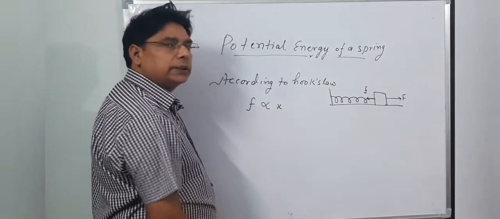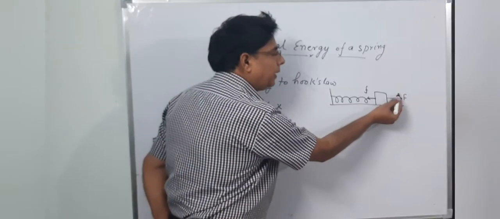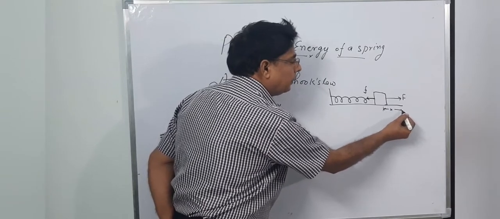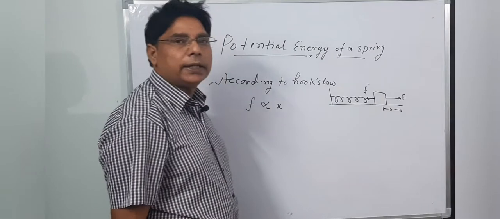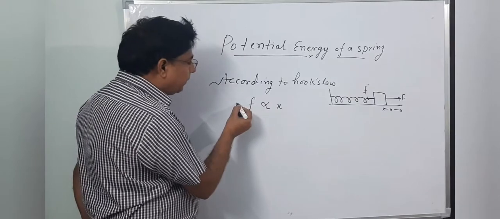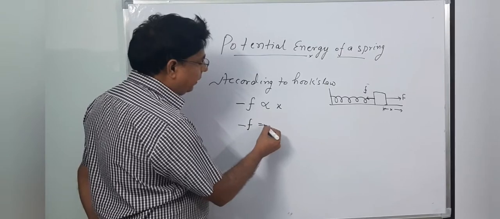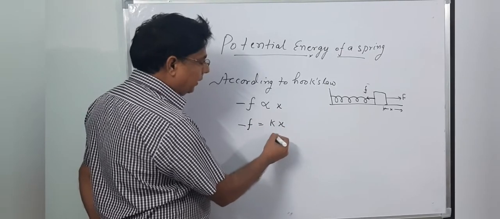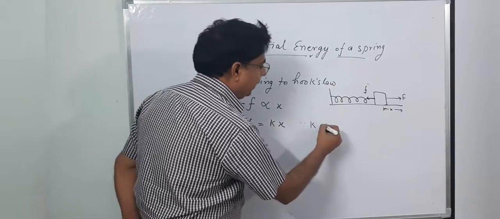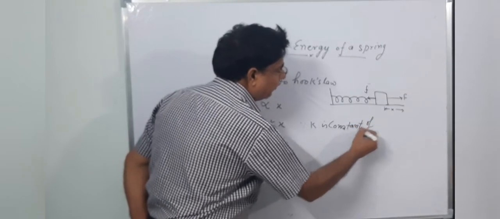As I have applied the external force in this direction, the extension will also take place in this direction, but this force is acting in the opposite direction to that of the extension of the spring, so it will be represented with a negative sign: minus F will be equal to kx, where k is the constant of proportionality.